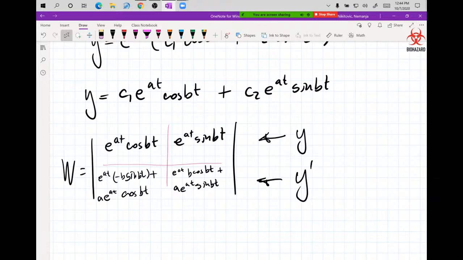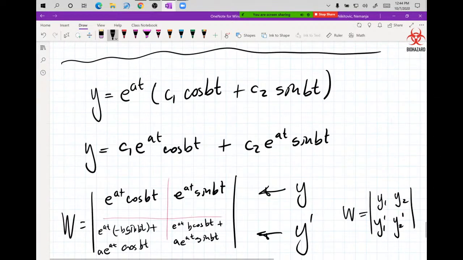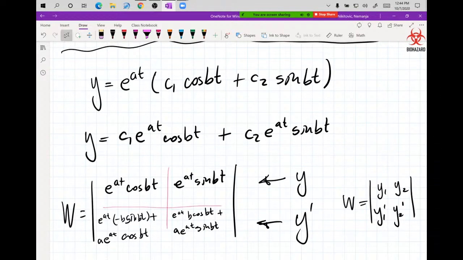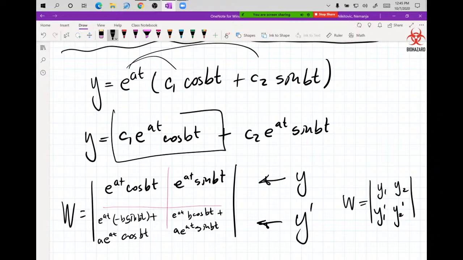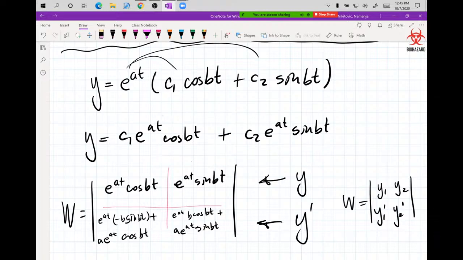But the concept for Wronskian will always be y1, y2, y1 prime, y2 prime if you only have two solutions. So, oops, tablet is overheating, it's hard to write. Over here, you distribute your e, and here is your c1 y1, c2 y2 from complex.